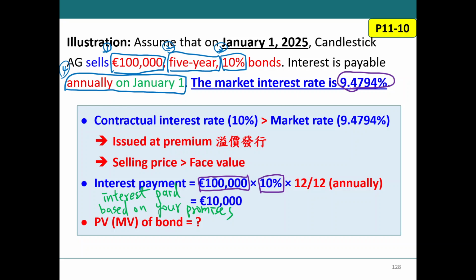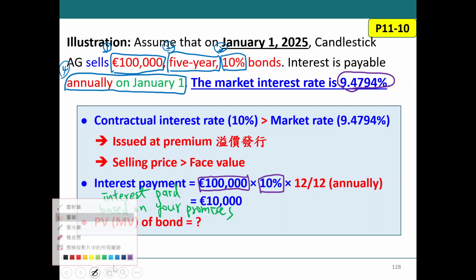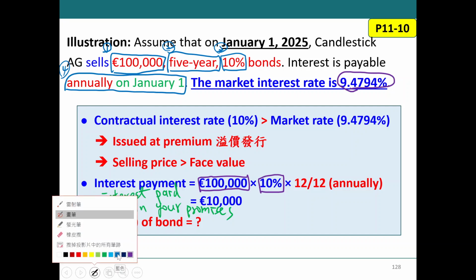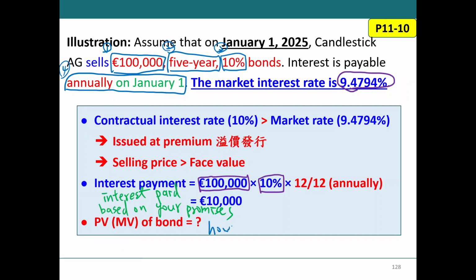So after you understand your products, first issue always, market value of the bond. So what does it mean? How much money you can borrow from investors, right? When you are going to sell your bond, how much money you can borrow? Okay, so based on what?